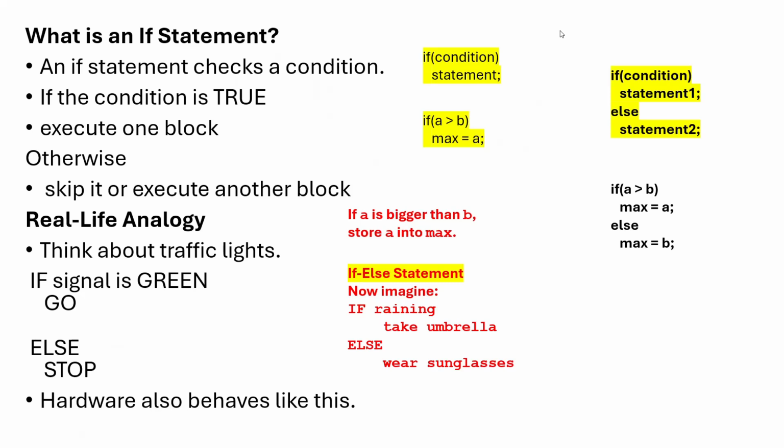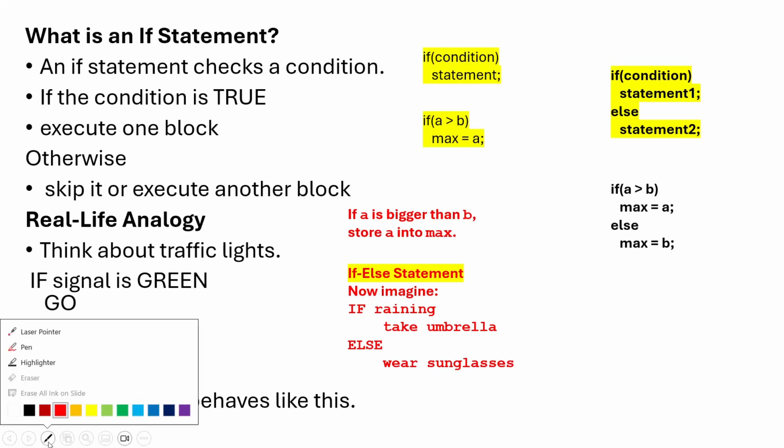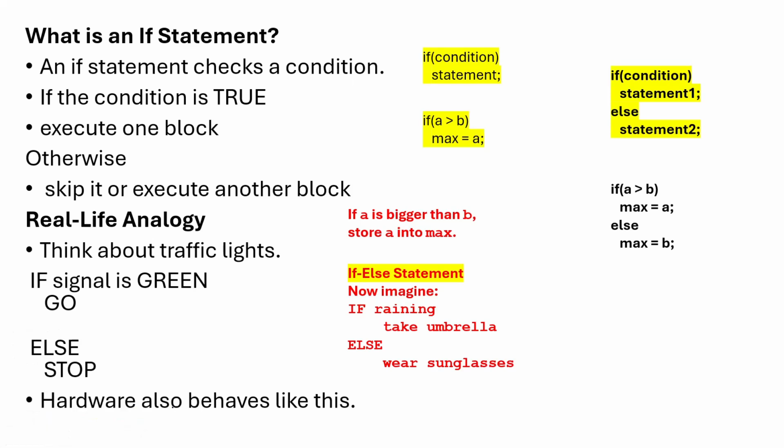So what is the if statement? What is the use of the if statement? The if statement checks the condition. If the condition is true, one statement is executed. That is the basic thing we follow in the if condition.